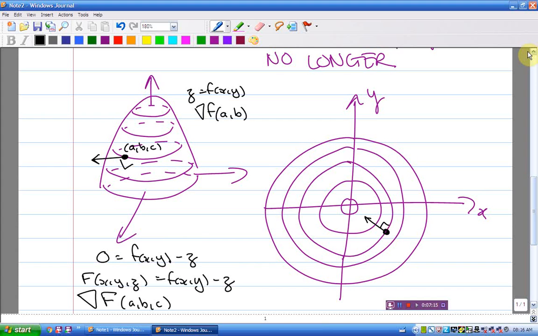If you want to interpret that black arrow in the same geometric way, you have to think of this surface as being the level surface of a 4-dimensional function. And if you move in the direction of that black arrow, you will be moving at greatest rate of change from this level surface to, if you will, the next level surface of that 4-dimensional function.